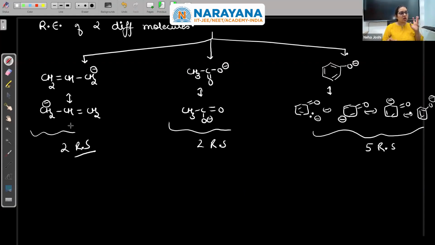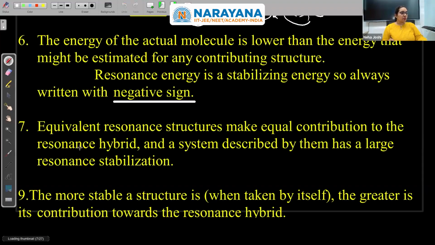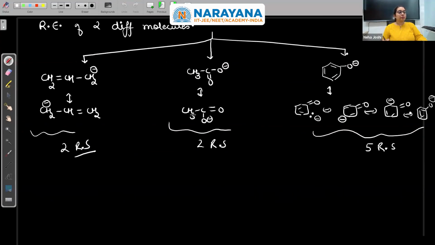Now, by the sheer logic, equivalent resonating structures are more stable, have more resonance energy. Equal contribution to the resonance, and a system described by them has a larger resonance stabilization. Resonance stabilization indicates the word resonance energy.